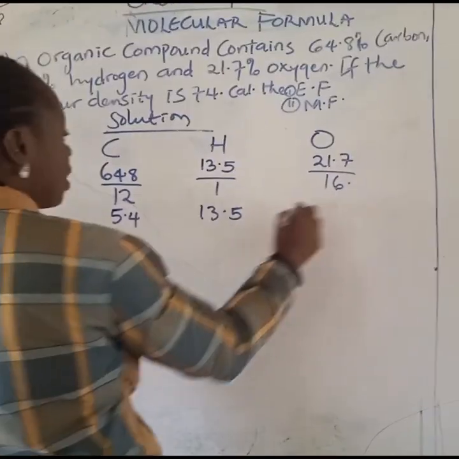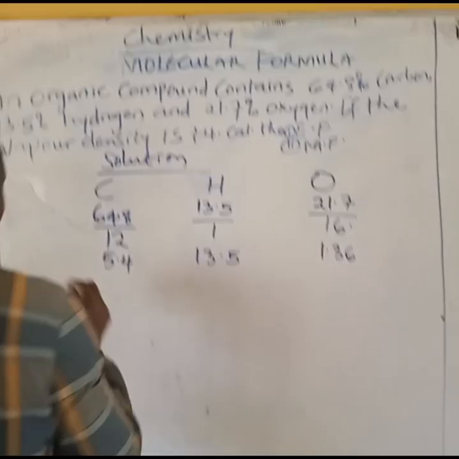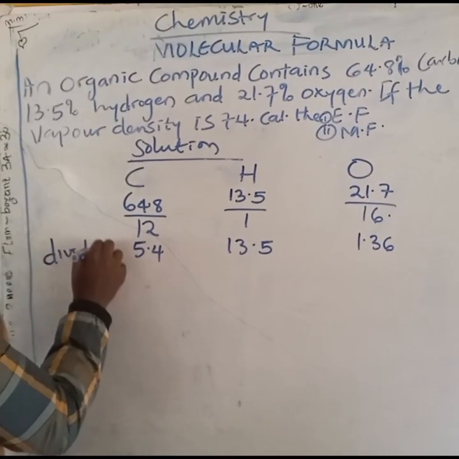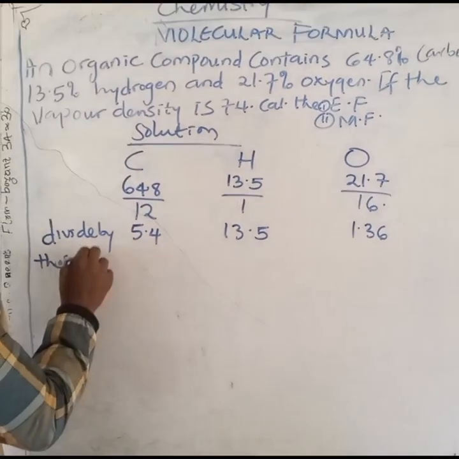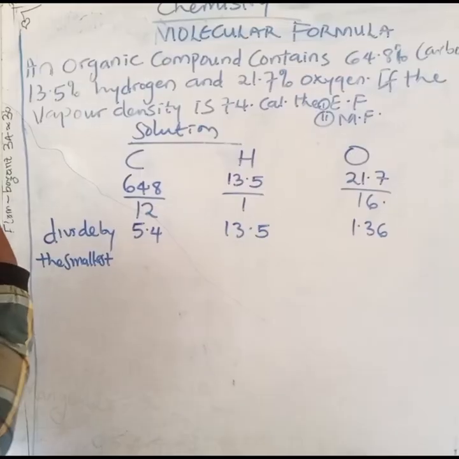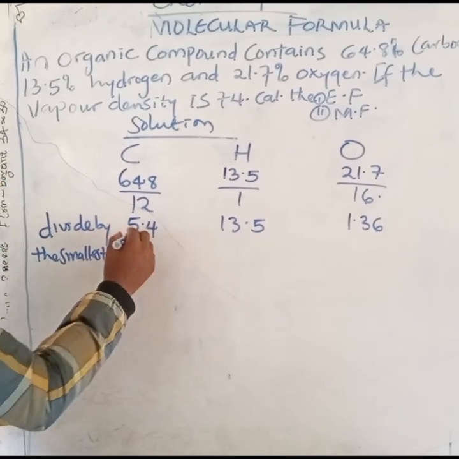Then we are going to have 1.36. So these are the values. Then we'll divide by the smallest. Of course, the smallest here is 1.36.